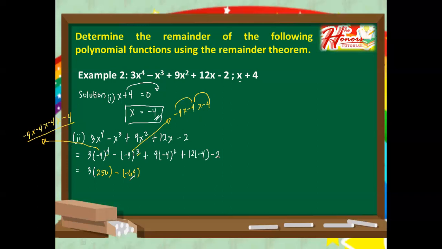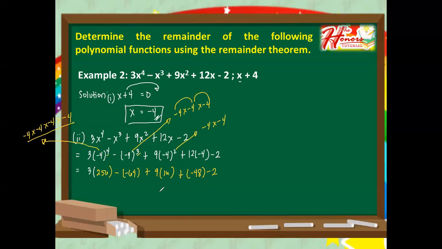So that's why it is negative 64. By the way, 4 times 4 is 16, times 4 is 64. Plus 9 times negative 4 squared, meaning negative 4 times negative 4, so this is positive 16. Plus 12 times negative 4, that's negative 48, minus 2.